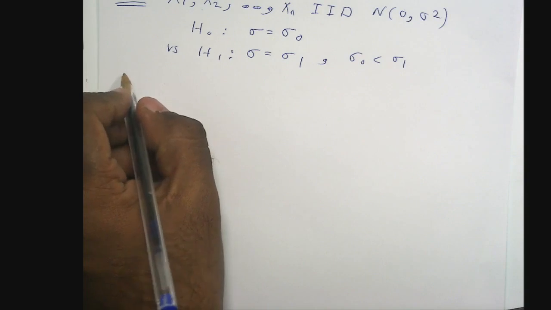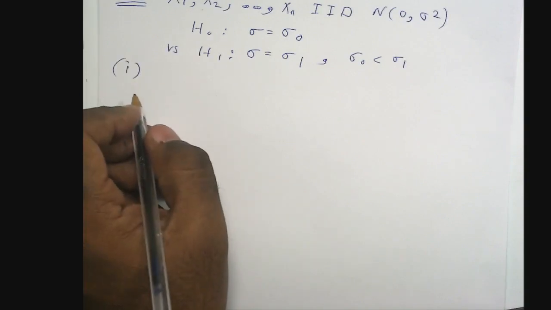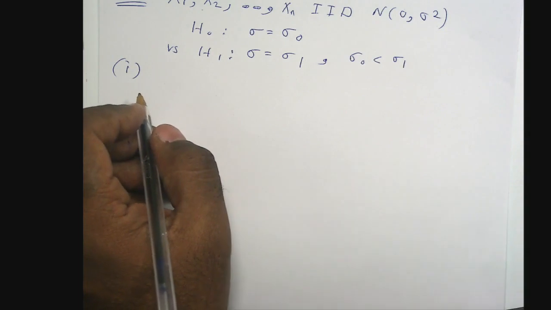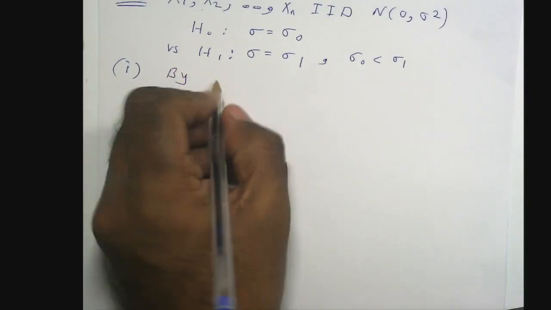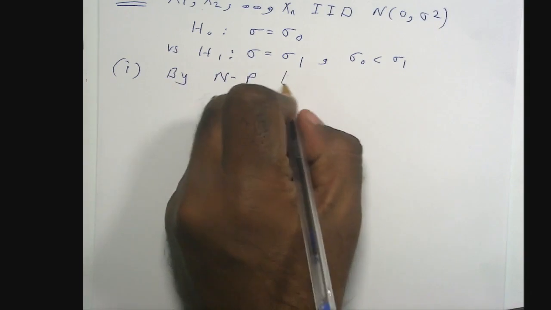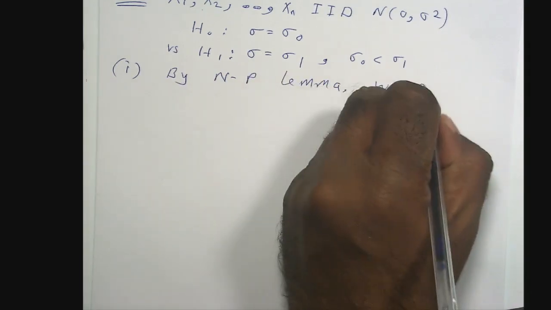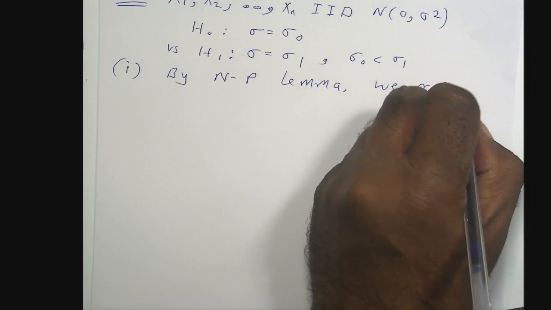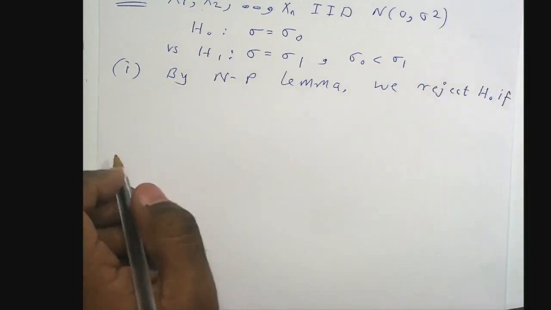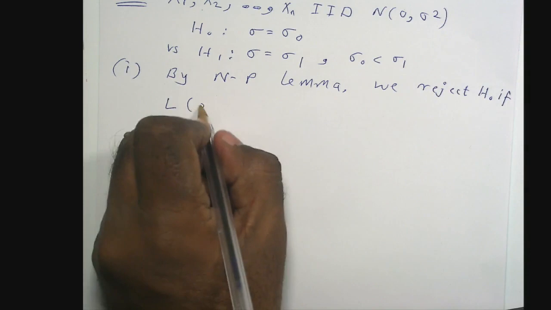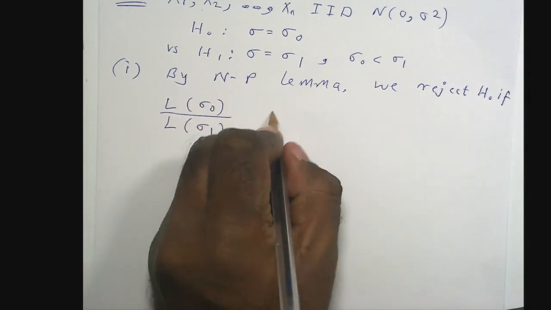All right, to do the first part of the question, you need to find the rule for rejecting the null hypothesis. So I'm going to apply the Neyman-Pearson lemma. By the Neyman-Pearson lemma, we reject H0 if the likelihood at sigma 0 divided by the likelihood at sigma 1 is less than a constant c.